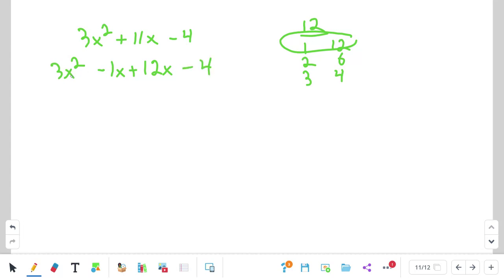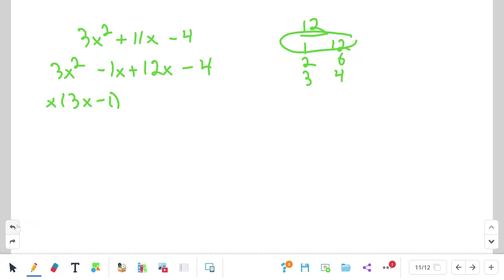Focus again on the first two. What's the biggest thing that divides out of both of those? Just an x. And you get 3x minus 1. Okay, over here, what's the biggest thing that divides out of here? A positive 3. And what's left over? I hope it's 3x minus 1. Let's, wow, positive 3. I blew that one.